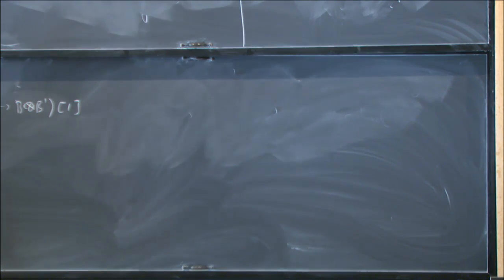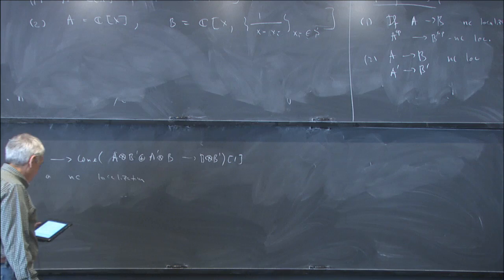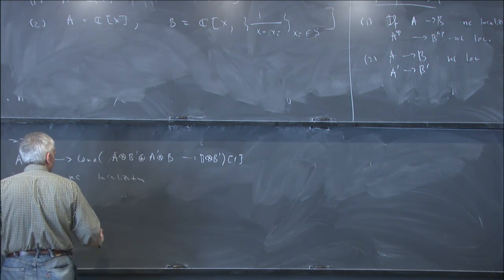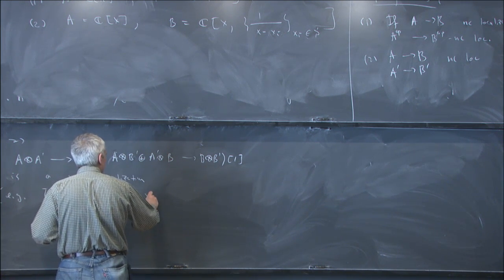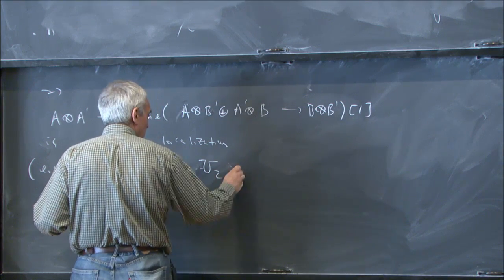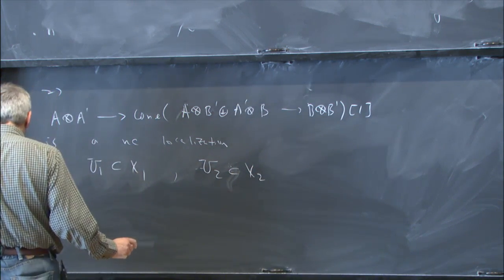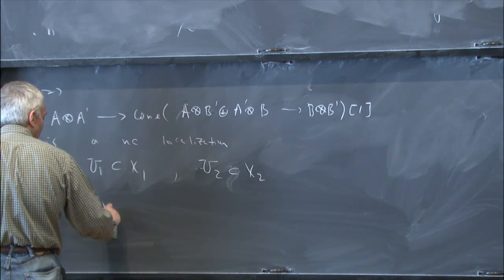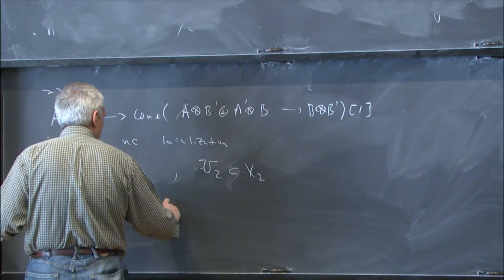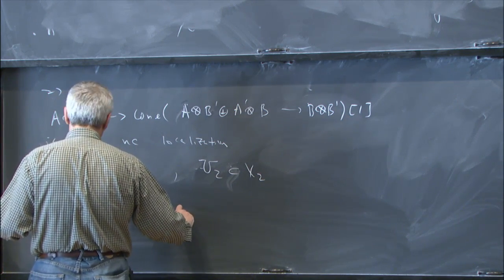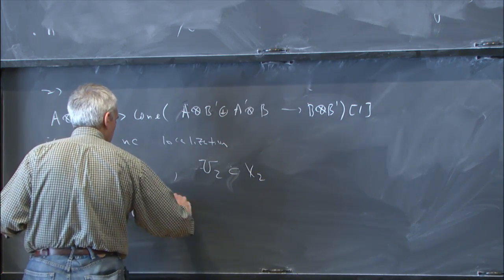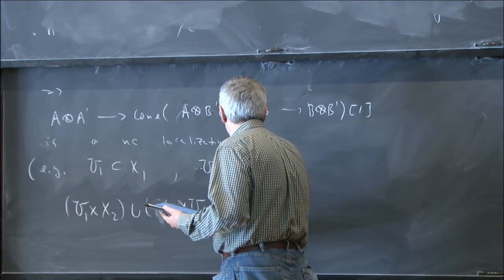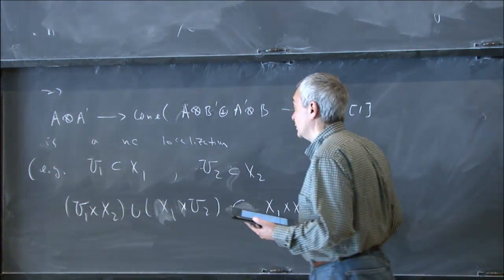In this setup, this just means if you have an open inside X1 and another open inside X2, then the map from U1 cross X2 union U2 cross X1, X1 cross U2 to X1 cross X2 is a localization.